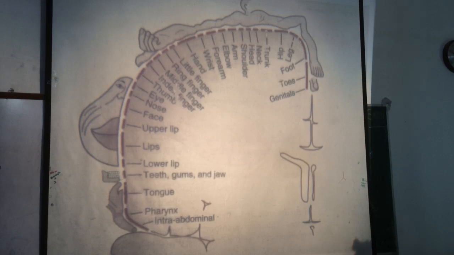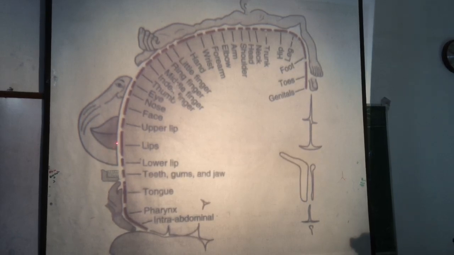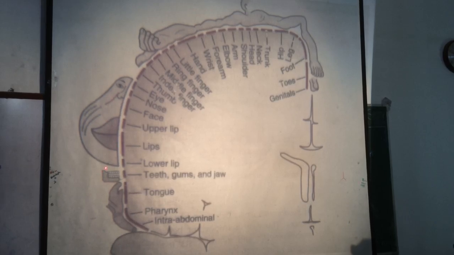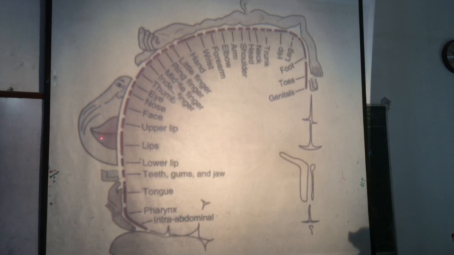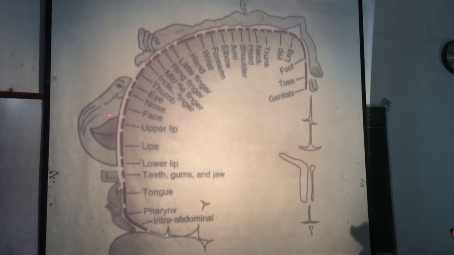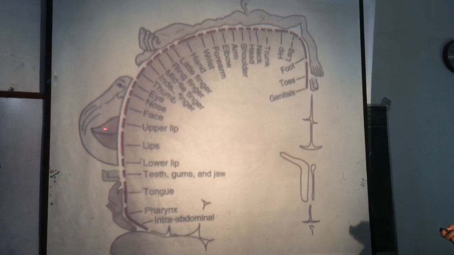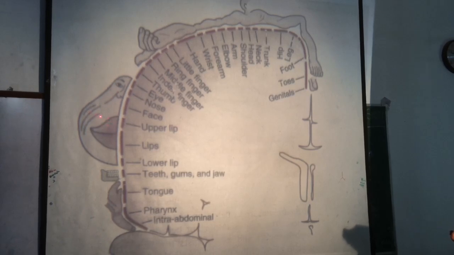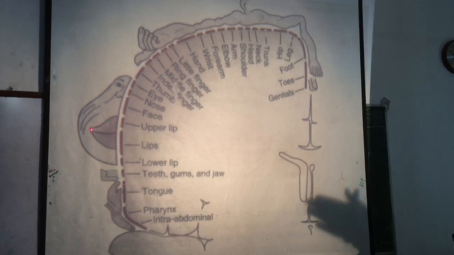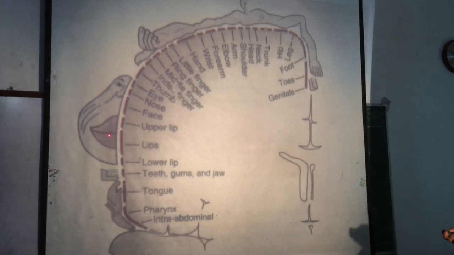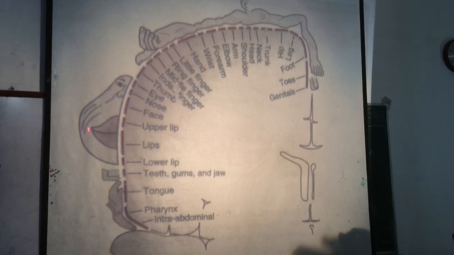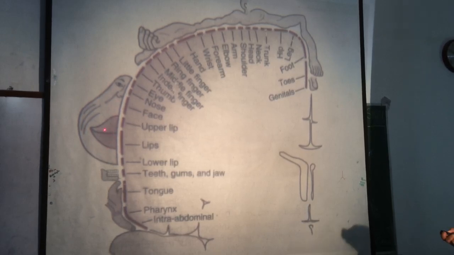Right? Now here also you can see that the area of representation of some parts of the body is larger than the anatomical size of the parts of the body.